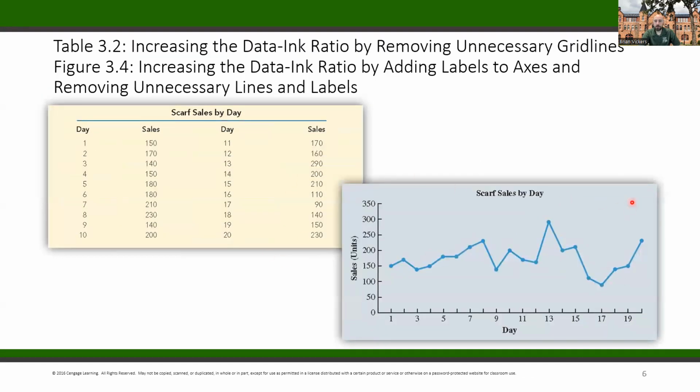So, deleting the grid lines in this table, for example, the unnecessary horizontal lines. This is cleaner. It's just as easy to read. In fact, more so, because there's nothing taking away from what it is you're trying to see. Now, having it laid out like this probably isn't the best way of presenting it anyway, because you've got days and then sales, days and then sales.